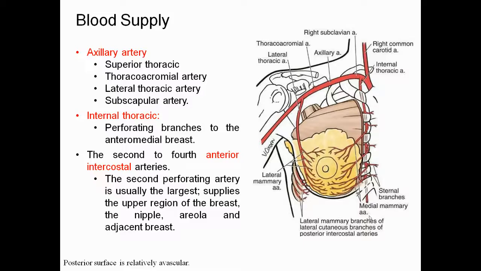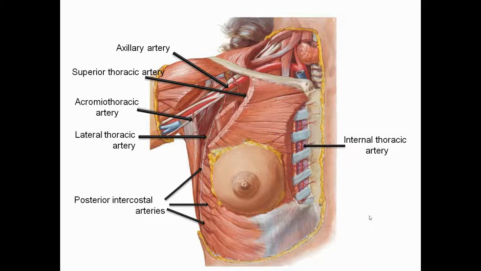And the internal thoracic artery: perforating branches to the anteromedial breast and second to fourth anterior intercostal arteries. The second perforating artery is usually the largest and supplies the upper region of the breast, the nipple, areola, and adjacent breast.